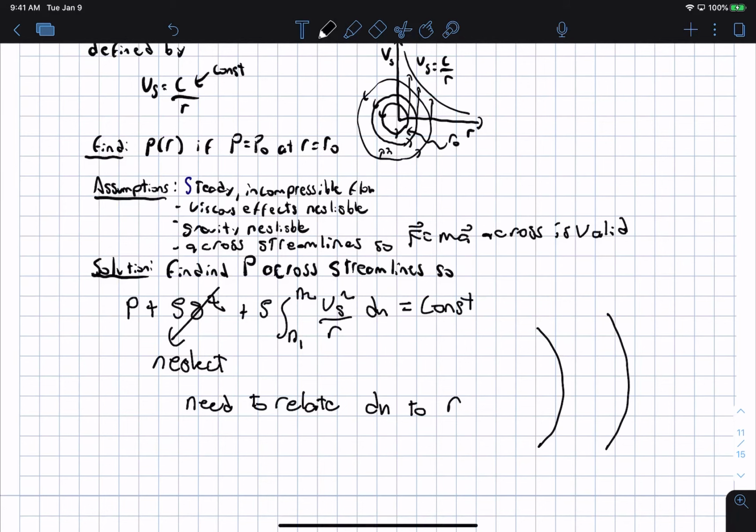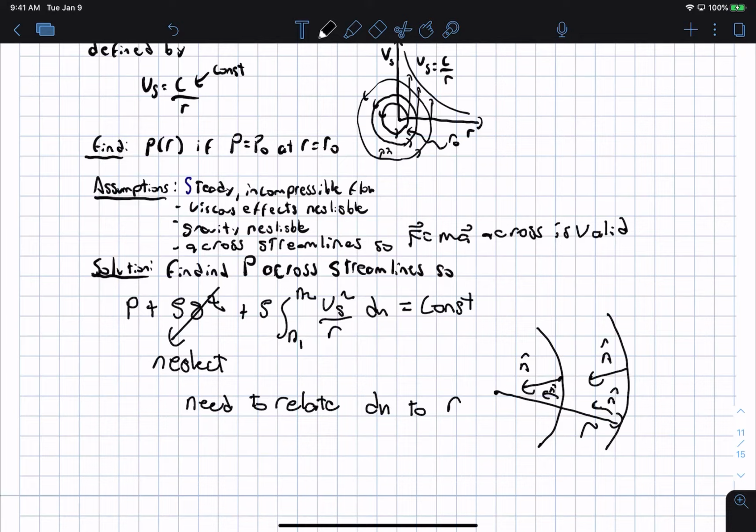Again, the n hat direction is defined to point towards the center of the circle. If you think about it, we have a radius R, and I'll have an n hat here and an n hat here, and you have R going out in that direction there.